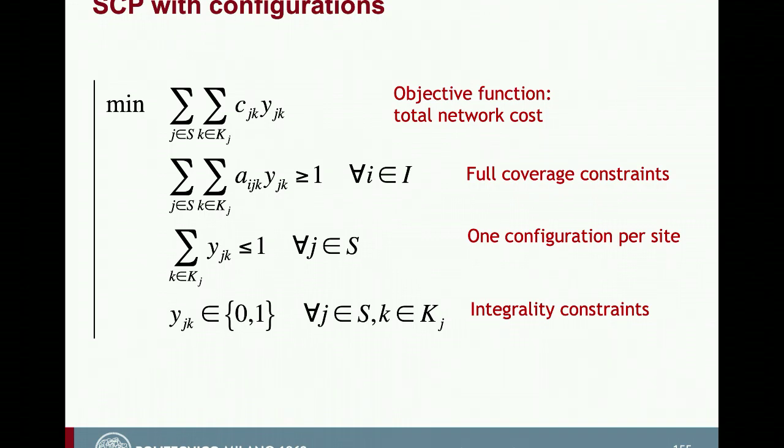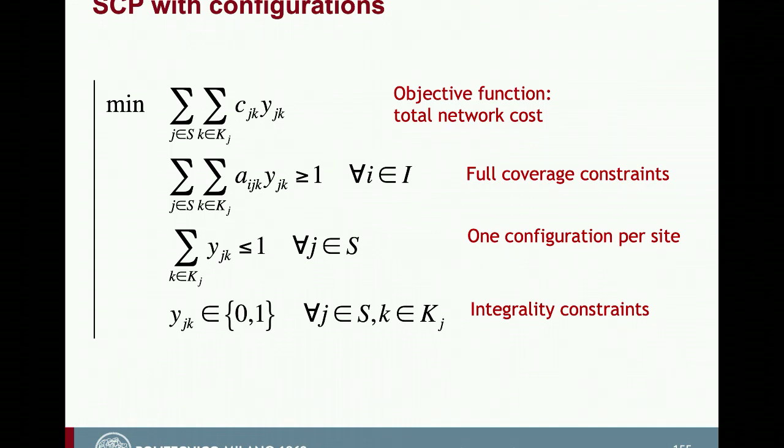The objective function is just the total cost. Of course, now we have to sum over j and k, because we need to consider the possible configurations. The second one is exactly the same as before, so it's the full coverage constraint. For each test point we want to be sure that it is covered by at least one base station, and then we have one additional set of constraints, which is the summation over k of yjk that must be smaller or equal to 1.